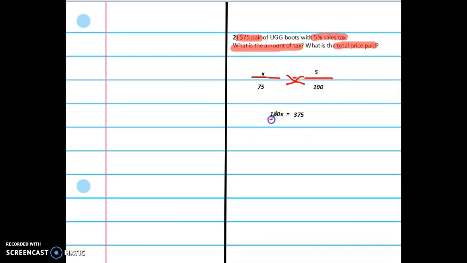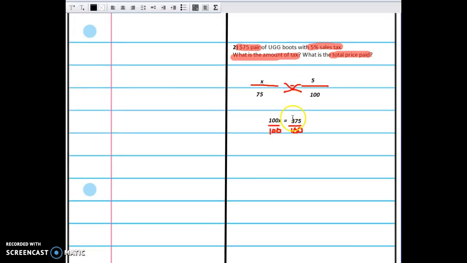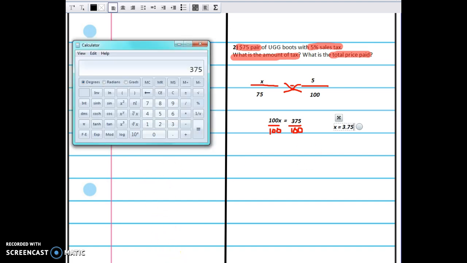Okay, so we have 100 times x equals 375. We get rid of multiplication with division. So divide both sides by 100. It's the same thing as swooping the decimal twice to the left. So therefore, x is equal to $3.75. So that's the amount of the tax.